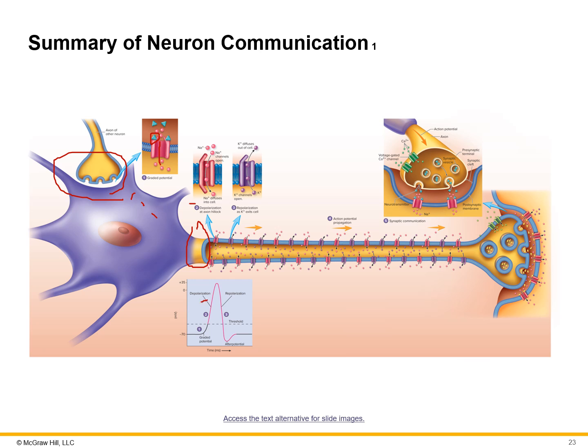So we get our depolarization, then our potassium channels are going to open to get repolarization, and that keeps moving all the way down until we get to the axon terminal. When that action potential reaches there, calcium floods in through those voltage-gated calcium channels, causes the synaptic vesicles to join with the membrane and release those neurotransmitters onto our postsynaptic cell.